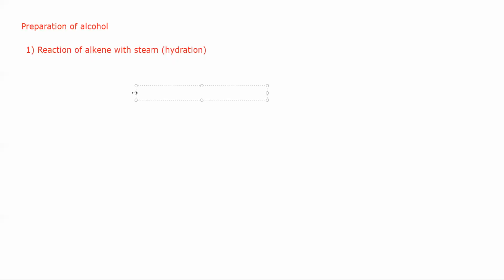So what happened? We took any alkene and reacted it with steam. Alkene reactions are always addition reactions. So as a result, this will form alcohol. You have to learn or memorize the reaction conditions for this.